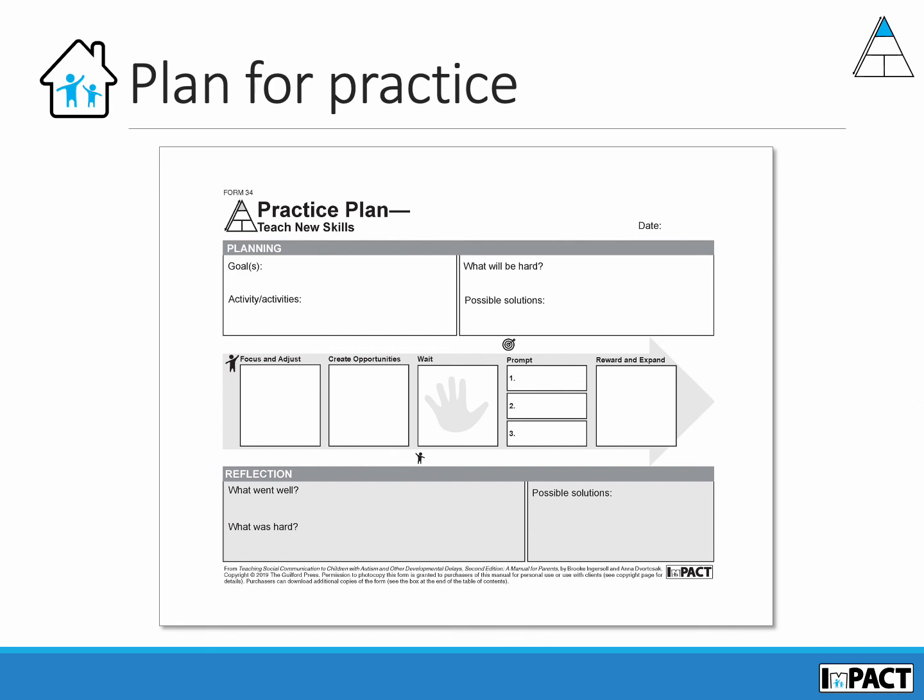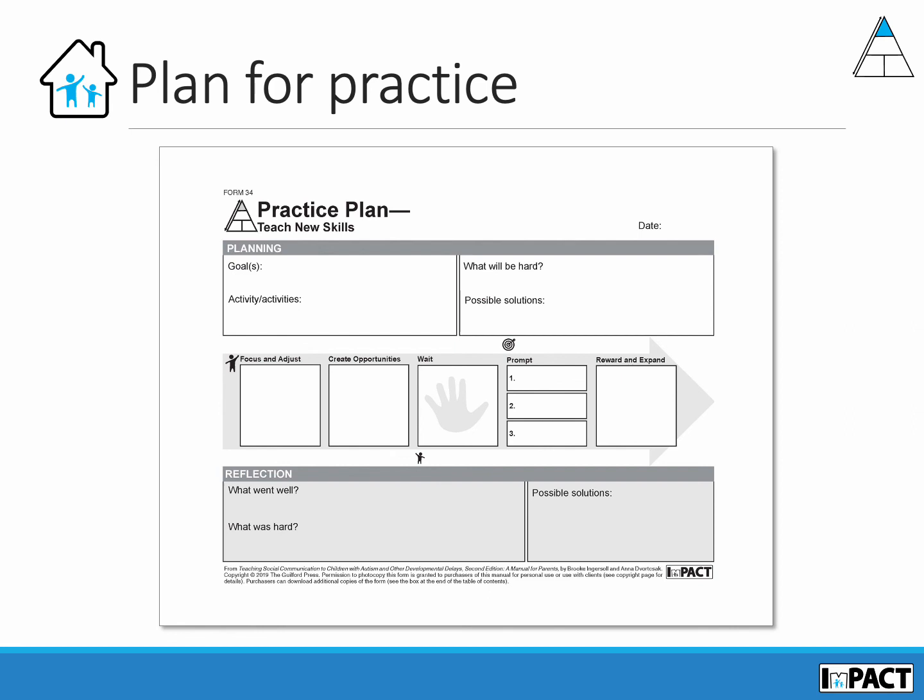Next, think about the techniques that we talked about today for teaching new play skills. These include prompts for imitation and prompts for expanding play. Choose the techniques that you will use to help your child use more complex imitation or play skills, including the specific prompts, and write these down on the sequence graphic in the practice plan.